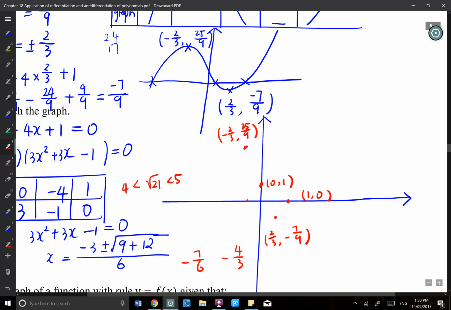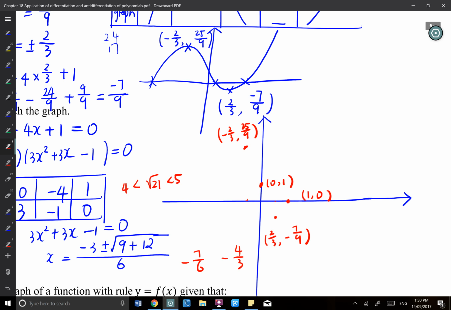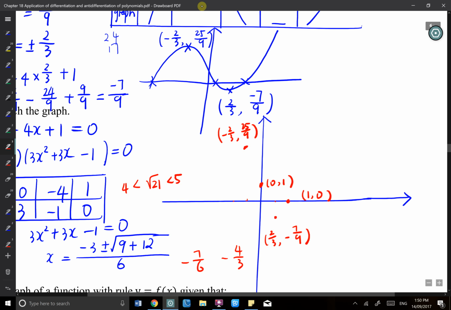So it's about 1 point something, 1.2, 1.1, negative 1.1 is somewhere here. That's the negative one, and you have another positive one approximately here.